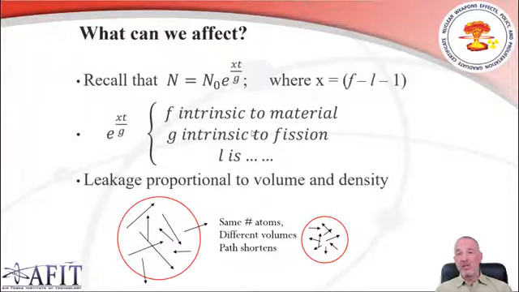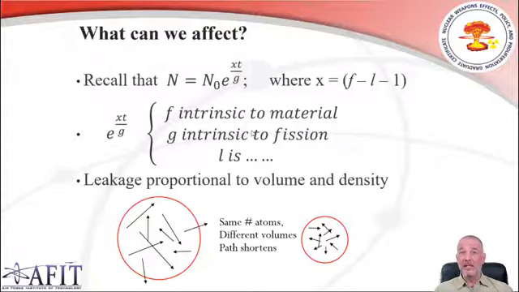Now, when we talked about fission chain reactions, it boils down to three things that are really important to us. The number of neutrons we're generating per fission event, the number that we're losing per fission event, and the amount of time between fission events. Two of these are intrinsic to the material and the process.